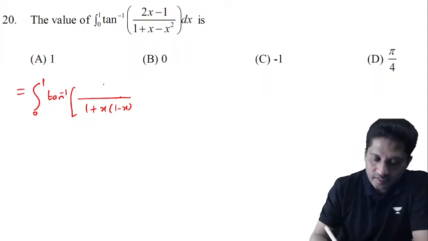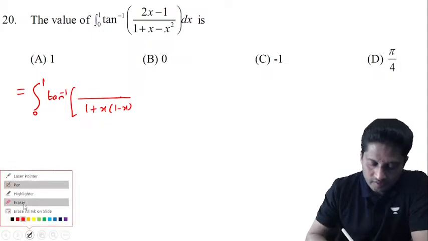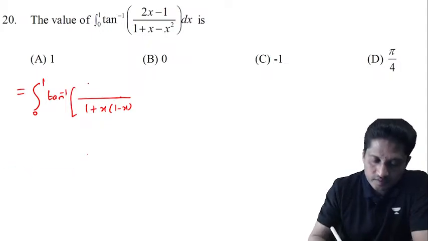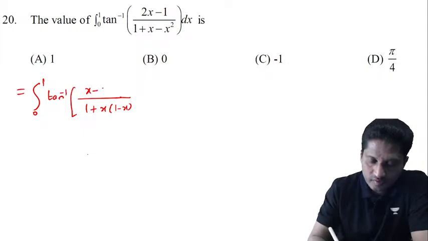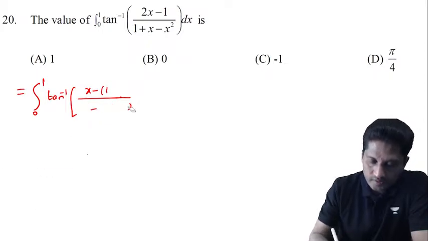Okay, so this can be written as, or if I take minus common here, this is equal to x minus of this will be equal to 1 minus x.